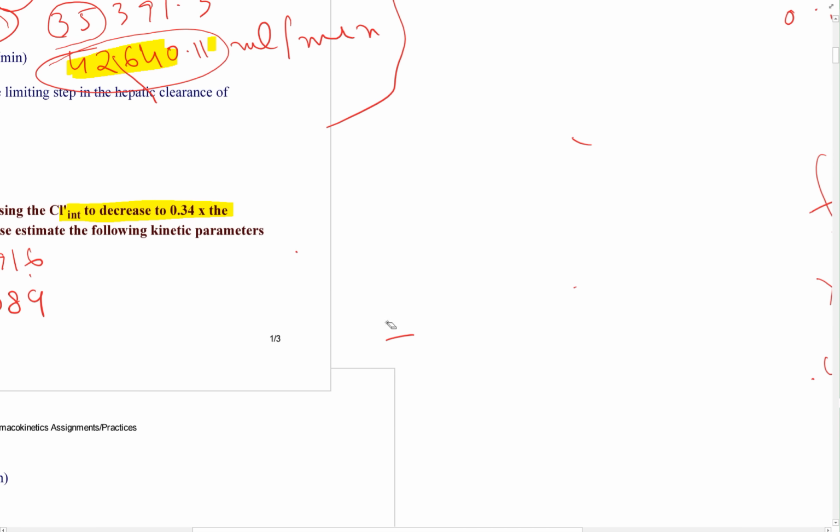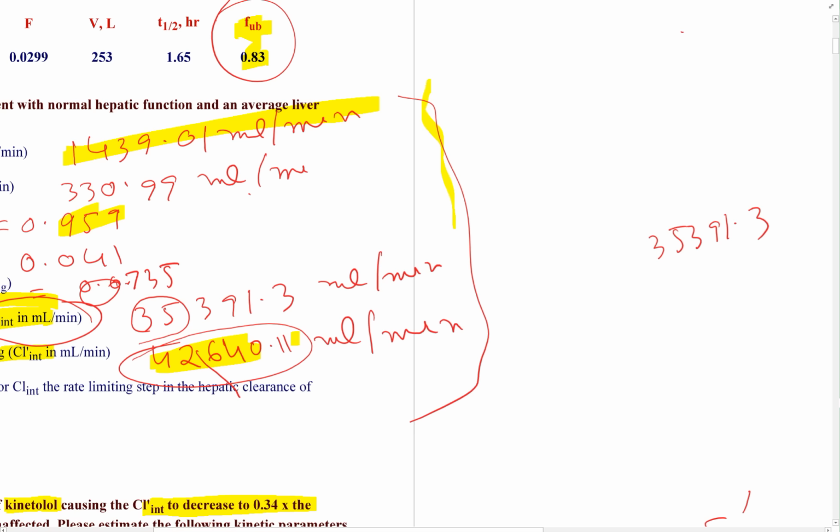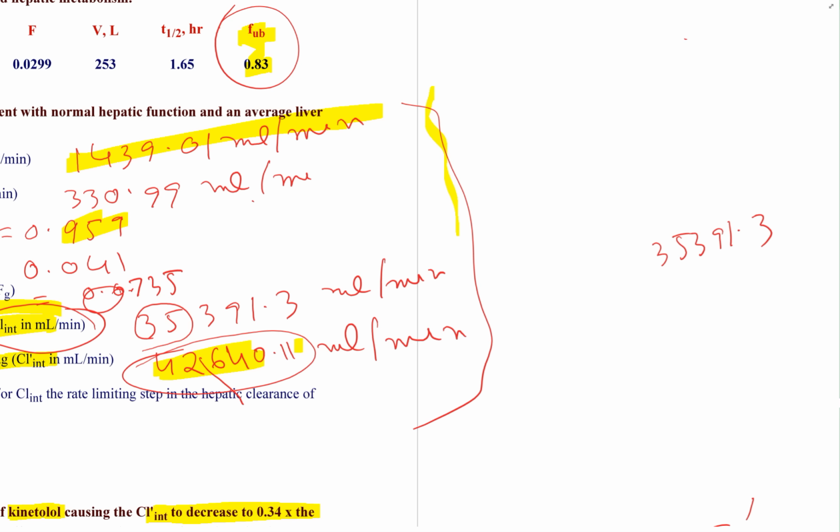The equation for oral bioavailability is F equals Fg times F prime, and we are going to use our old Fg, which was 0.735.